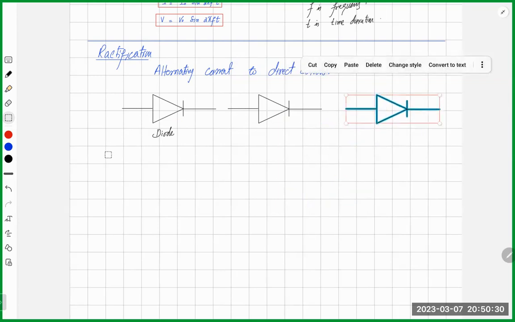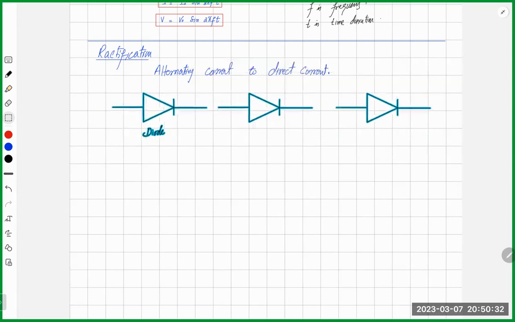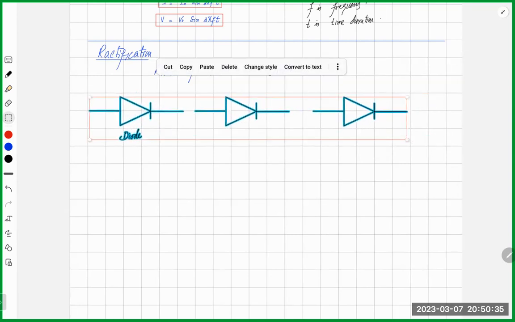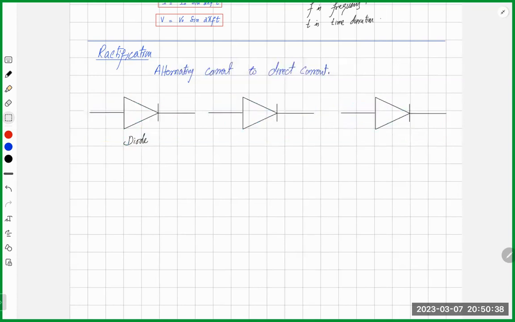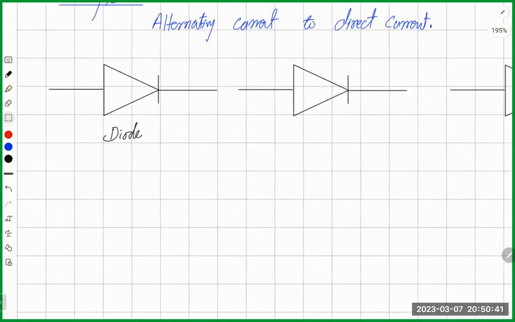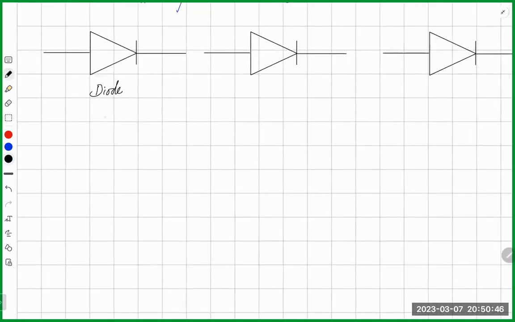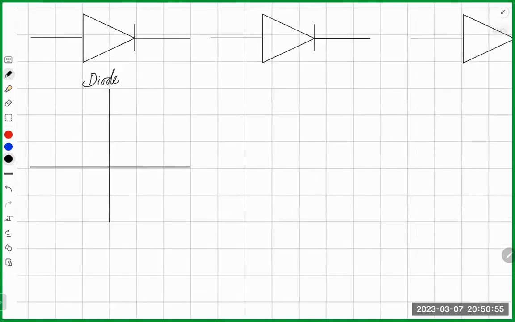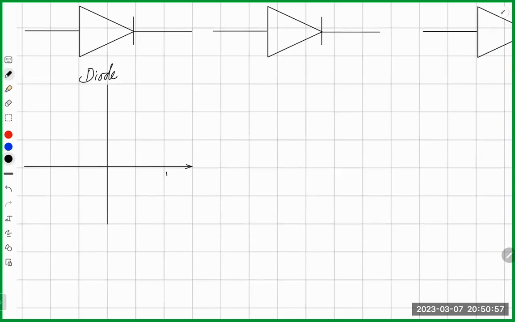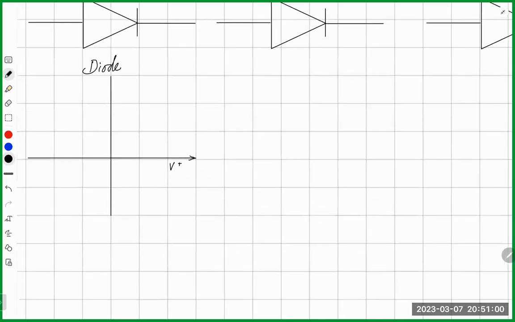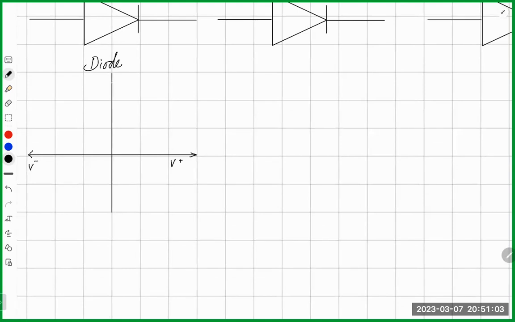Now, here we have three images. The first one is just for information. This is the graph for voltage and current. This is voltage plus, volts minus, this is current, this is current negative.